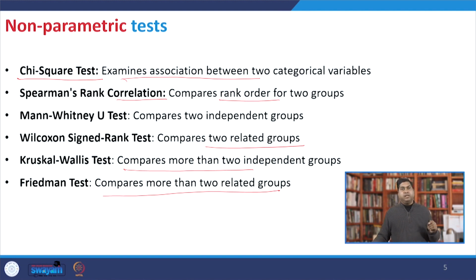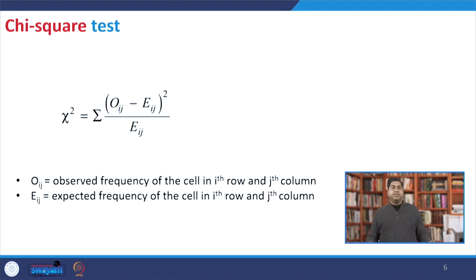These are also very well established statistical tests which are available with all standard statistical packages like SPSS, or Stata, or even if you want to do your own programming in R or any open source language.